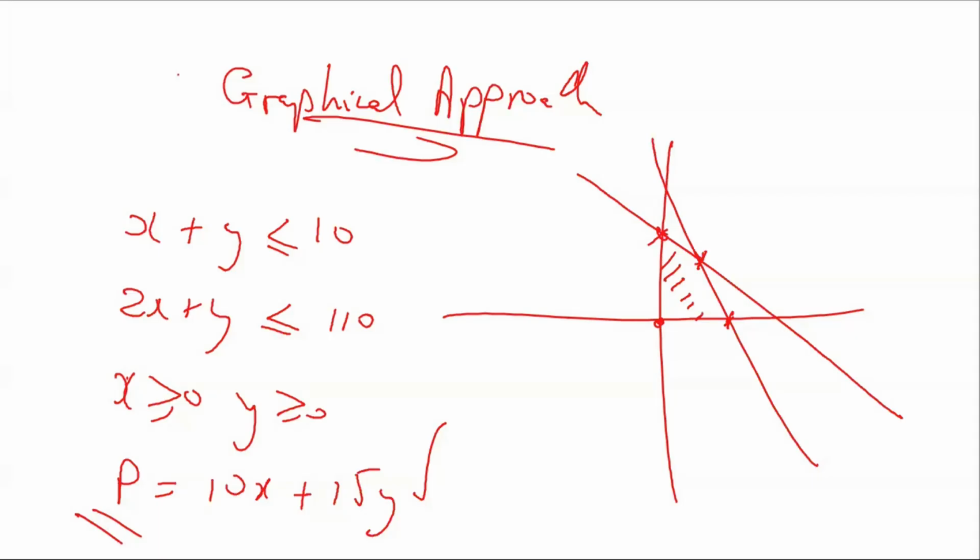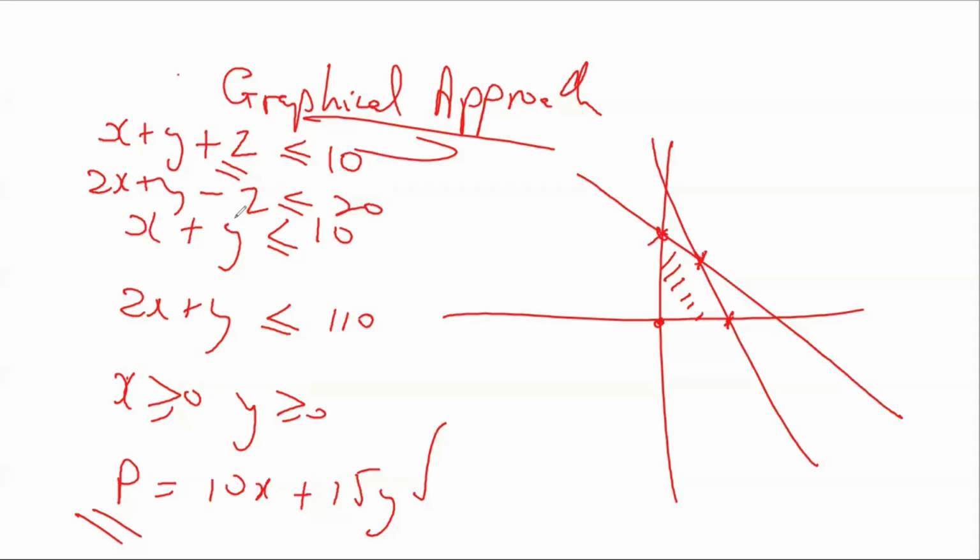The limitation of the graphical approach is that if we have a third unknown, let's say you have x plus y plus z is less than or equal to 10, and again here you have 2x plus y minus z is less than or equal to, let's say, 20.